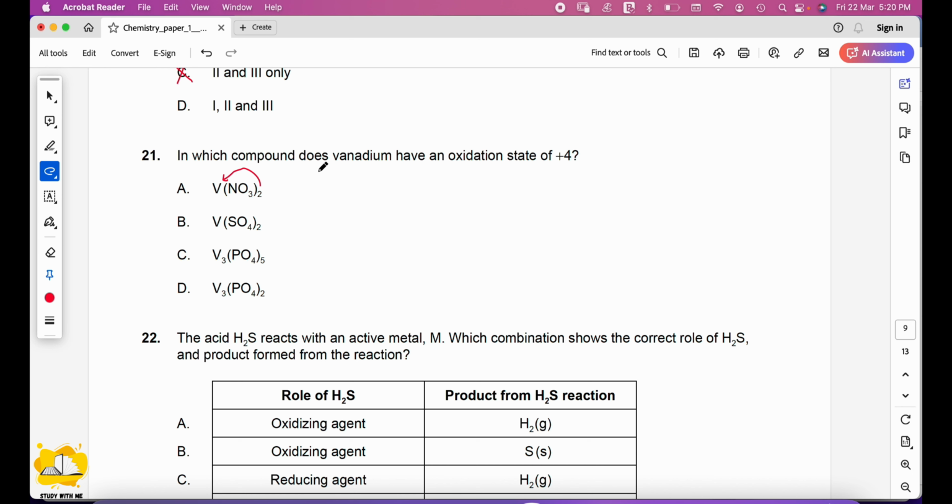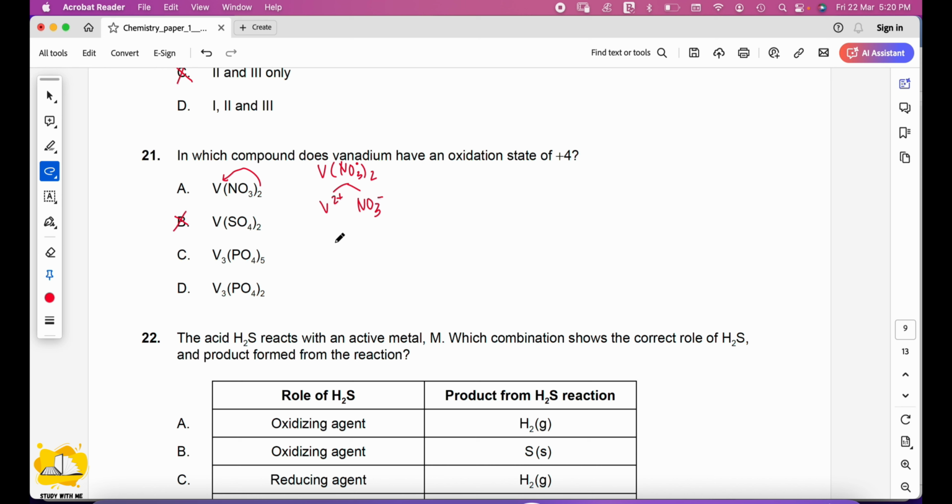Let me break it down into ions so you will see it clearly. So NO3 minus, V2 plus. So if you do crisscross, it will be V(NO3)2. And the answer is B.